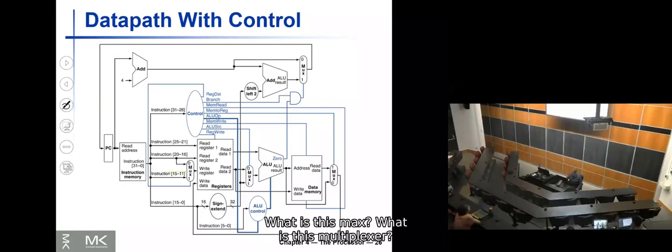What is this multiplexer? What is this control signal, where does it come from, what does it select? You should know every detail of this datapath. It is a very simple datapath because we just selected a set of the instructions, not the whole thing, but it will give you the idea of a datapath and controller.